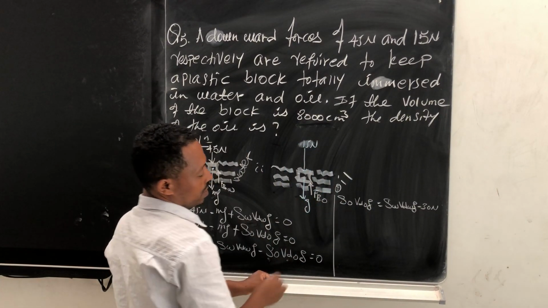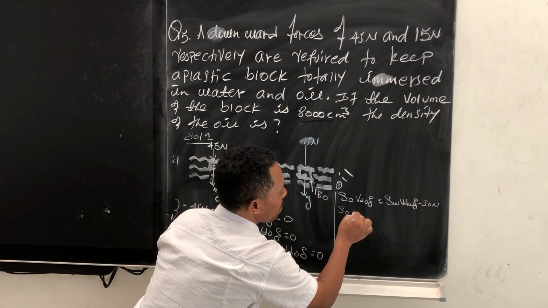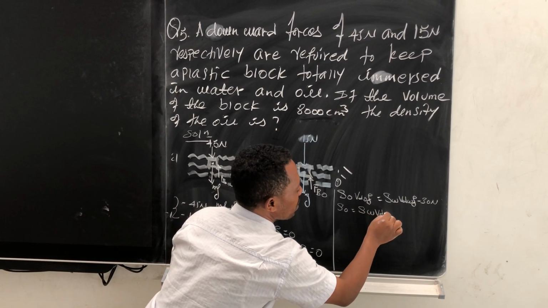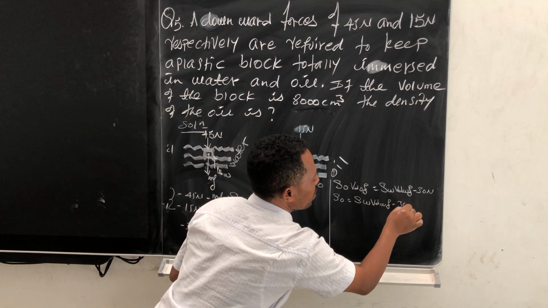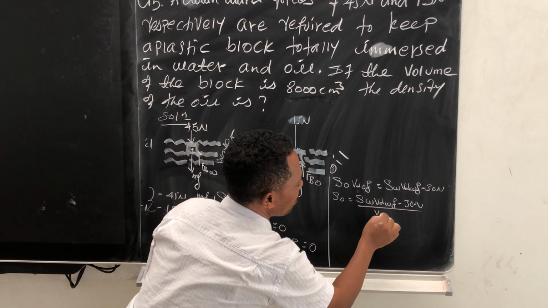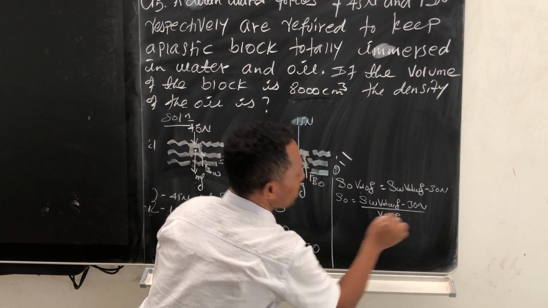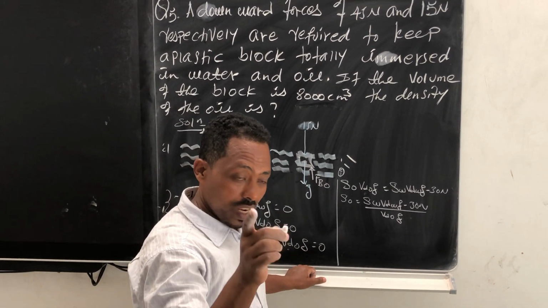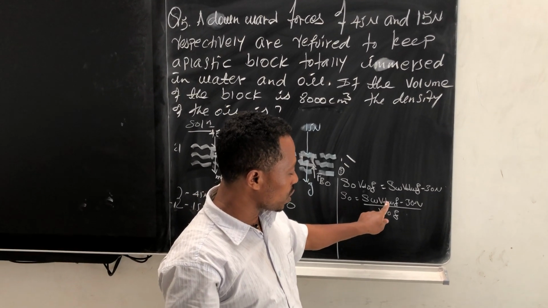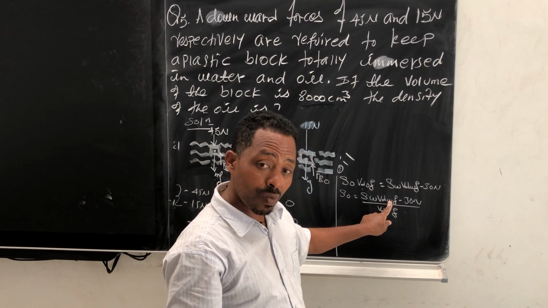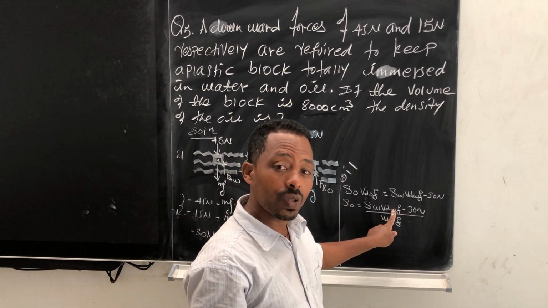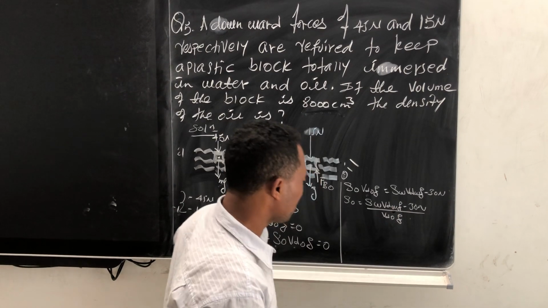Correct. Now the density of the oil becomes the density of the water times the volume of the displaced water times g minus 30 Newton, the whole over the volume of the displaced oil times g. And don't forget the volume of the displaced oil and of the displaced water are the same as the volume of the plastic block, that is 8,000 cubic centimeters.